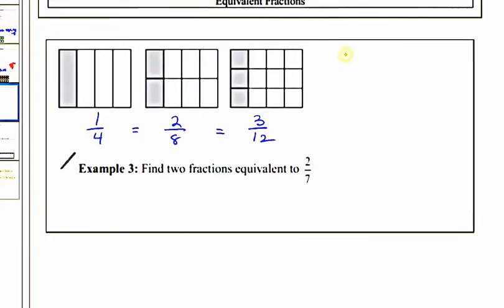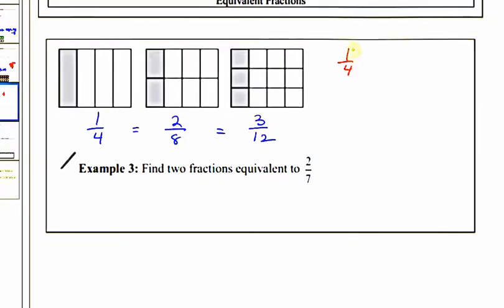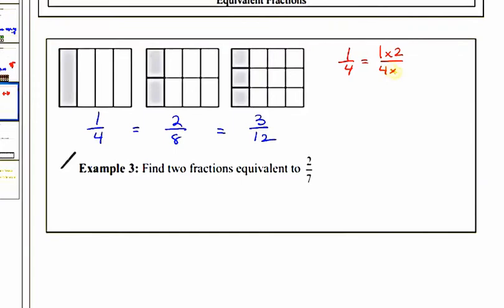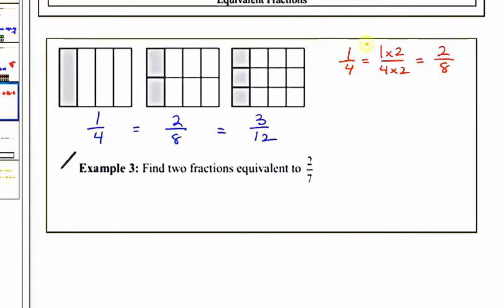So if we're given a fraction, for example 1/4, to come up with another equivalent fraction, we can simply multiply the numerator and denominator by the same value other than 0 and 1. So for example, if we multiply the numerator and denominator by 2, we'd have 1 times 2 over 4 times 2. Notice how this gives us 2/8, which we can see from our model is an equivalent fraction to 1/4.